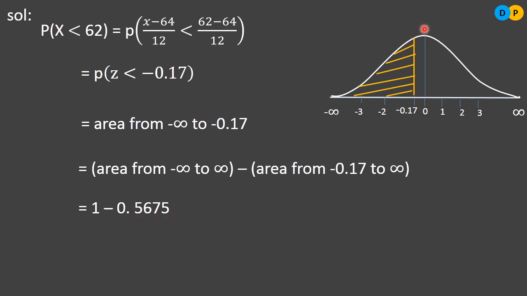We will be subtracting this area from the complete curve area. So the answer is 0.4325. So 0.4325 is the shaded area.